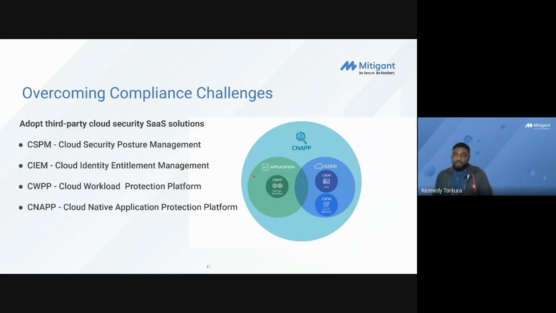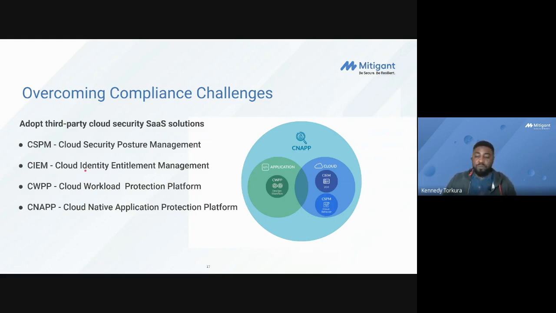Another way you can overcome these compliance challenges is by using third-party cloud security software-as-a-service solutions. Basically, what we saw in the last example, where we talked about how we can use services provided by AWS, is that they are providing some of these things you see here, either cloud security posture management, or cloud identity entitlement management.